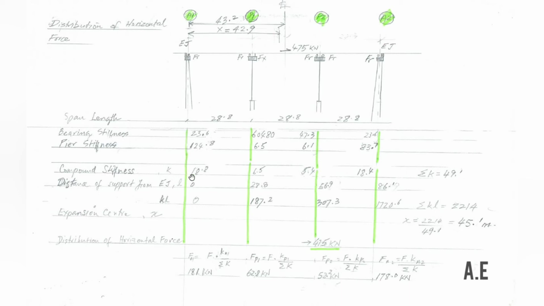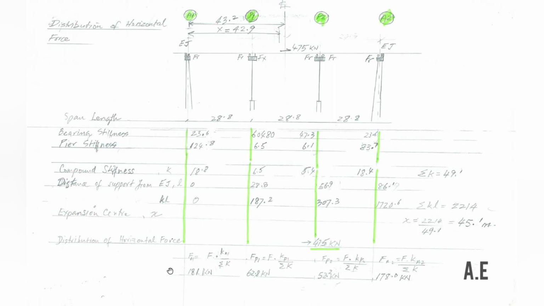This row shows the compound stiffness of the abutments as A1 as 18.8, P1 6.5, P2 5.4, and A2 as 18.4. If we sum up all the stiffness, we'll get the total of 49.1 kilonewton per millimeter. Using these values, we can then calculate the distribution of horizontal force.